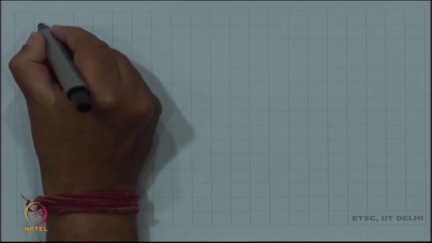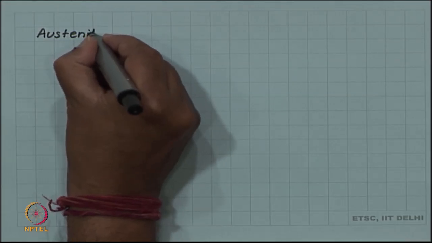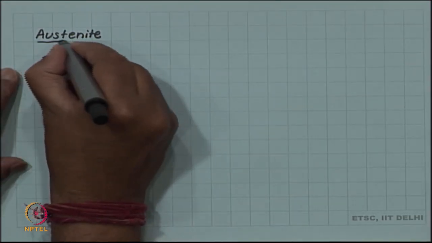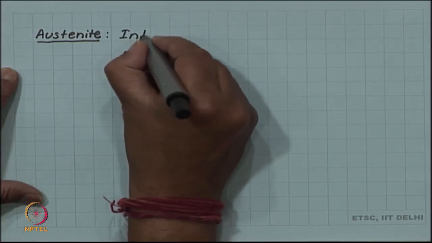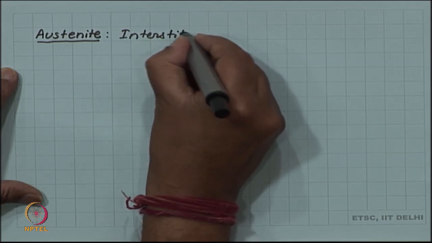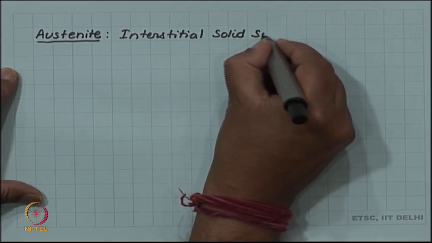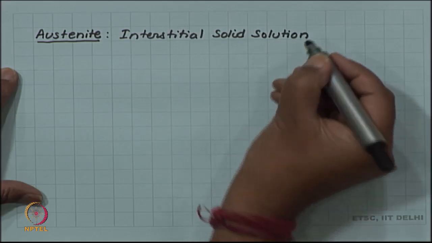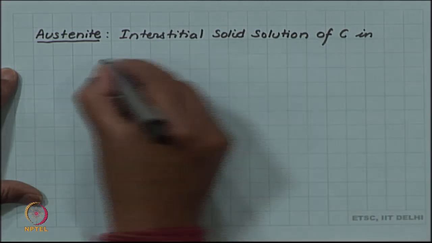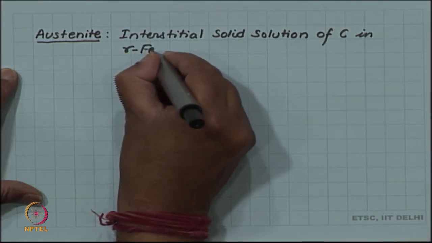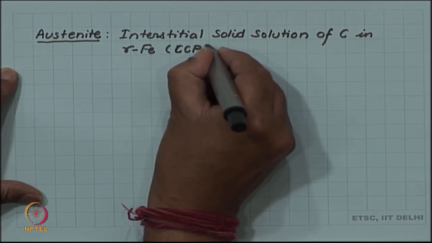So, we said austenite is an interstitial solid solution of carbon in gamma iron, which is cubic close packed.